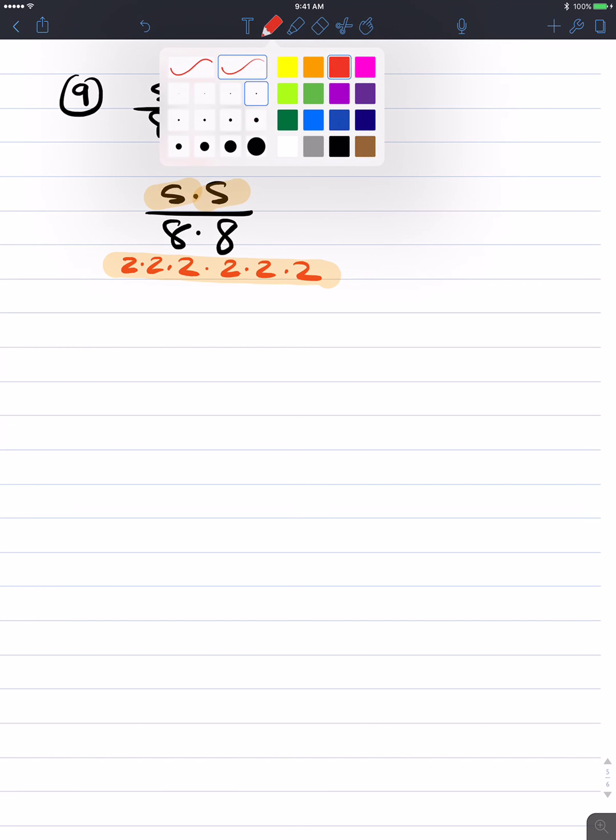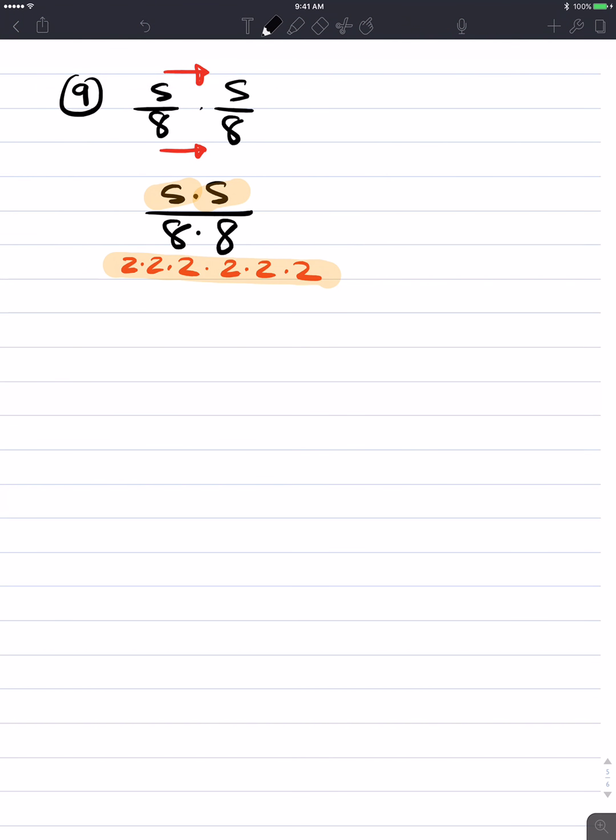Nothing cancels. In other words, I can't get rid of a 5 that's on top with a 2. This means our answer is simplified. We just have to multiply. 5 times 5 is 25, and 8 times 8 is 64. We're done. This fraction is simplified.